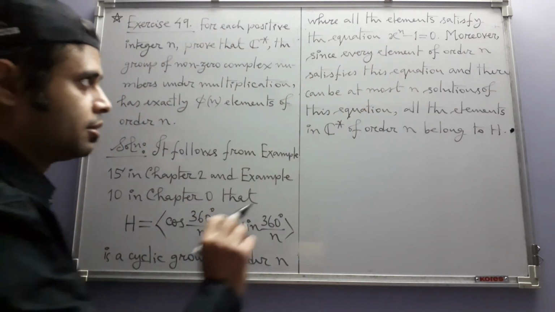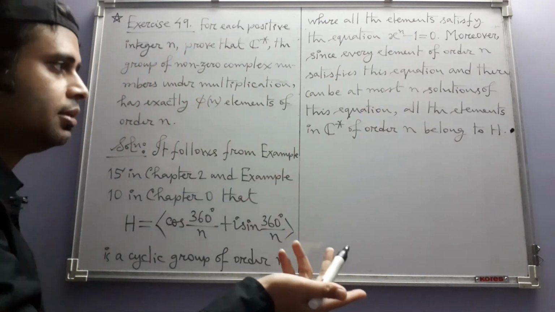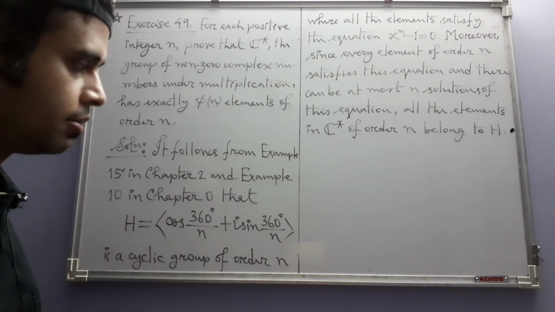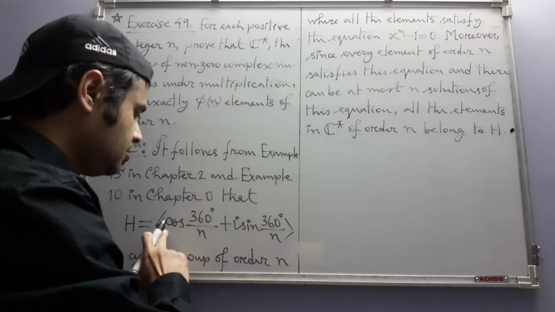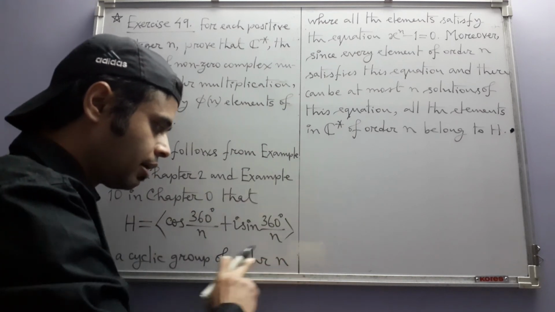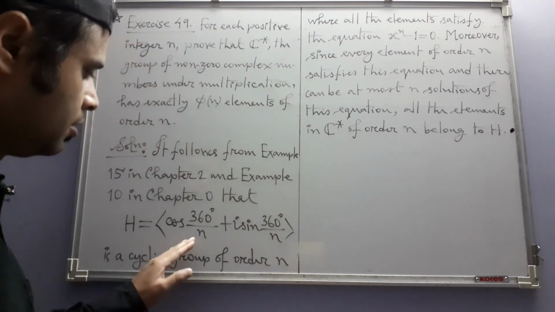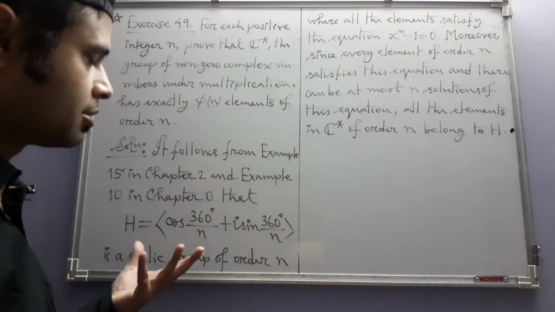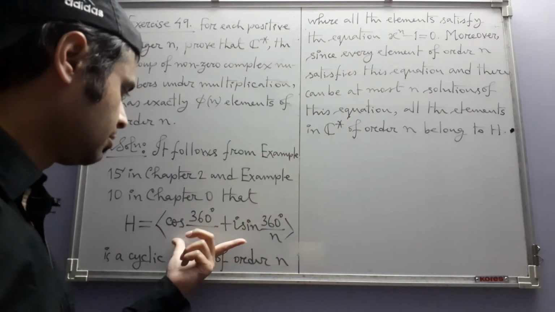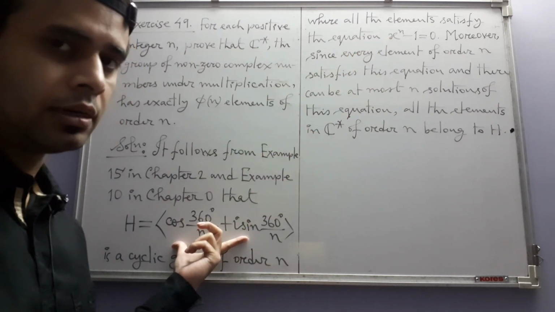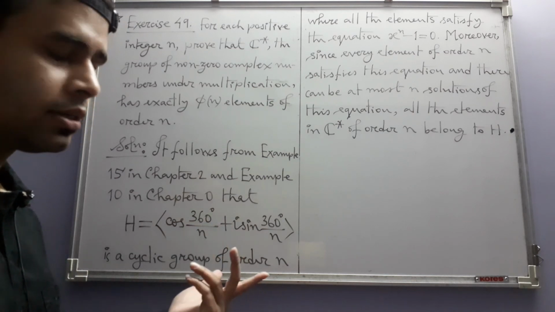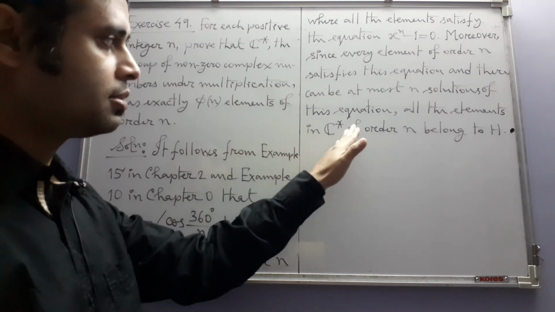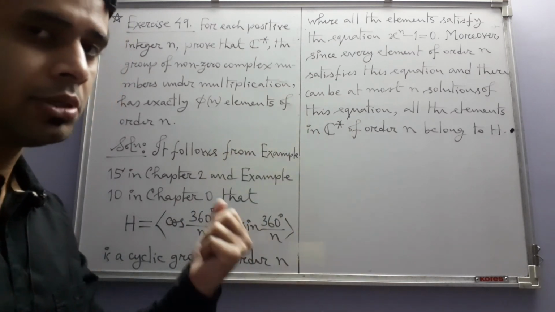But now from the equation itself we can see that there can be at most n solutions to this equation. So since we already have n numbers here in H, all of which satisfy this equation, the solutions have all been captured inside H. So in particular, all the elements in C star of order n will also be there.